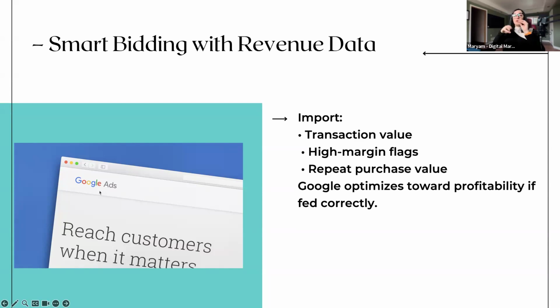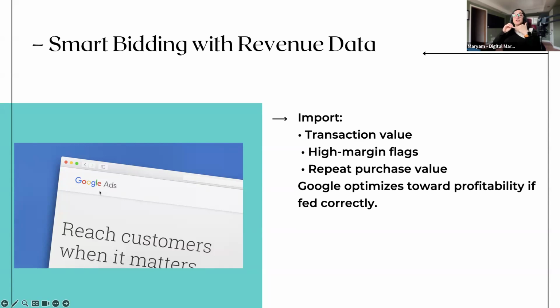You can import that information into your Google Ads, not the whole thing, just your revenue and how you did. You want to make sure that you know what your transaction values are. Your transaction values have to include your shipping cost, your taxes, where it's going. All of that's part of your transaction value.